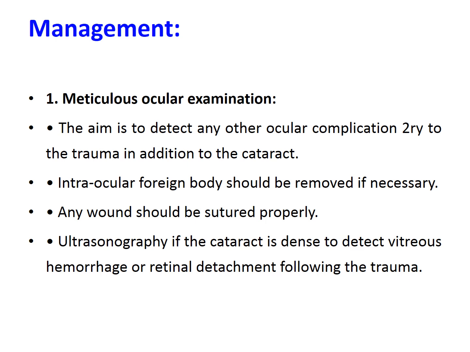In case we find an intraocular foreign body, we should remove it if possible. Any wound should be sutured. Ultrasound should be done to detect if there is vitreous hemorrhage or associated retinal detachment due to trauma. So we should meticulously examine the patient to detect other complications due to trauma.